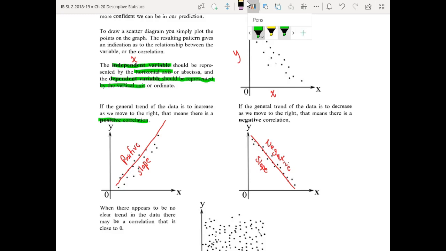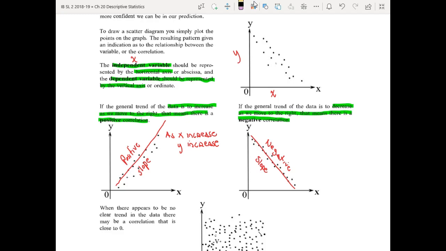As X increases, Y increases. Whereas a negative correlation, as X increases, Y decreases. There's a decrease as we move to the right, whereas on the other one, there was an increase as we move to the right.